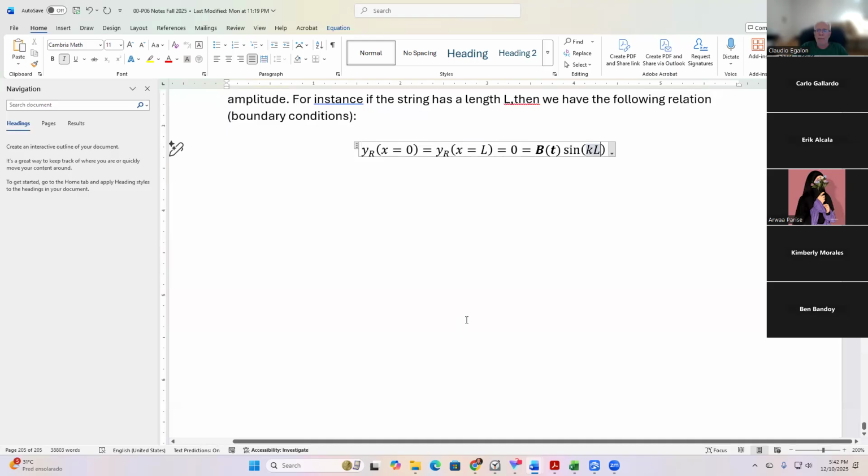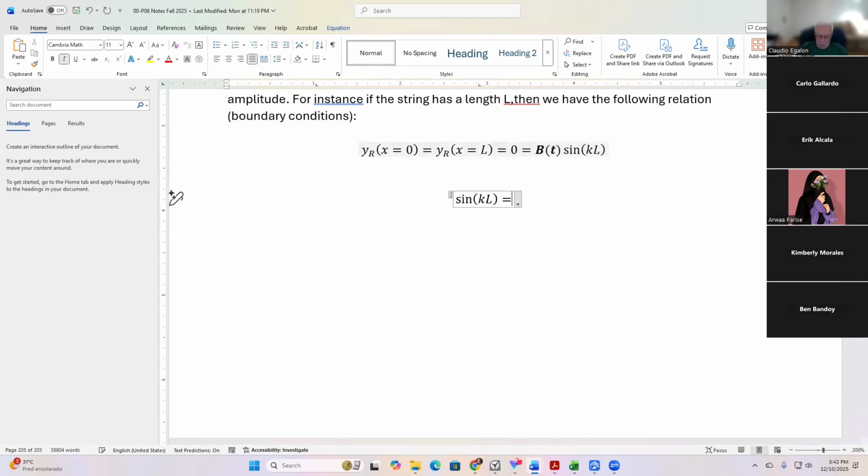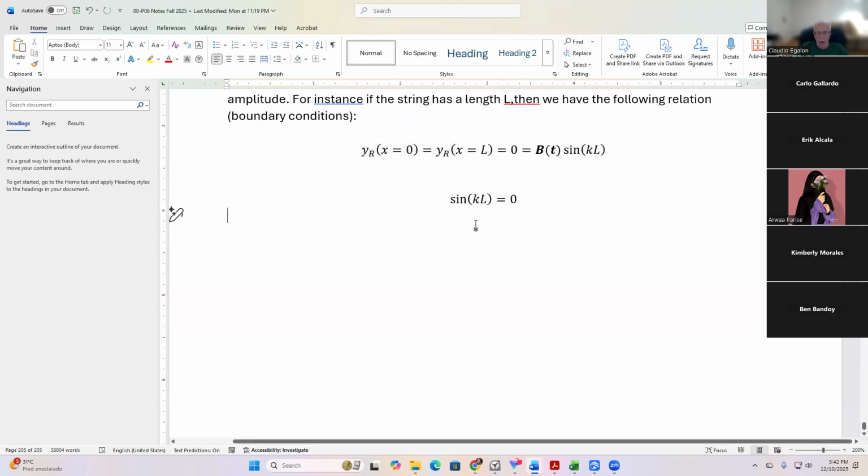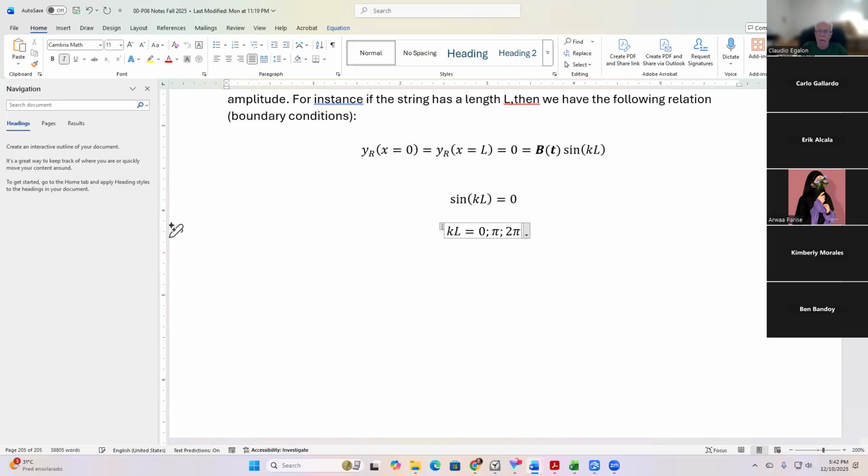Did you get the idea? If sine of KL is equal to 0, KL can be 0, but it can also be pi, 2 pi, and so on.